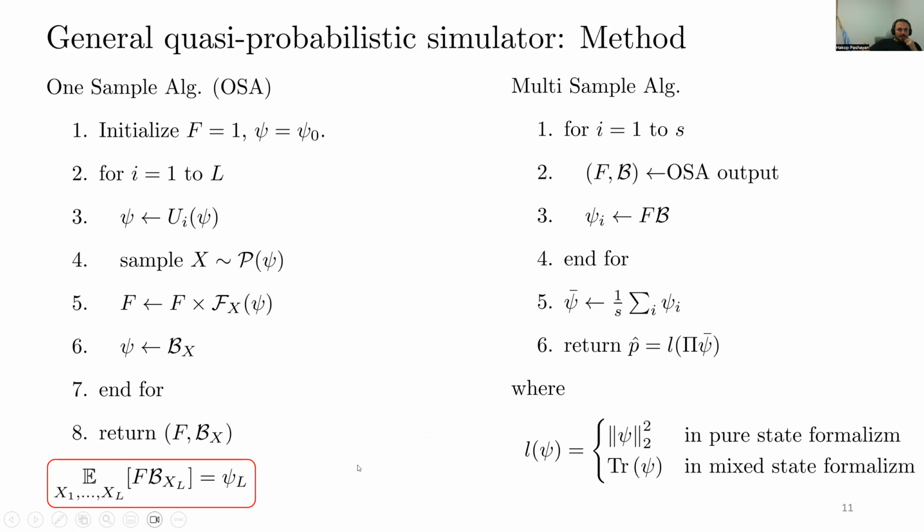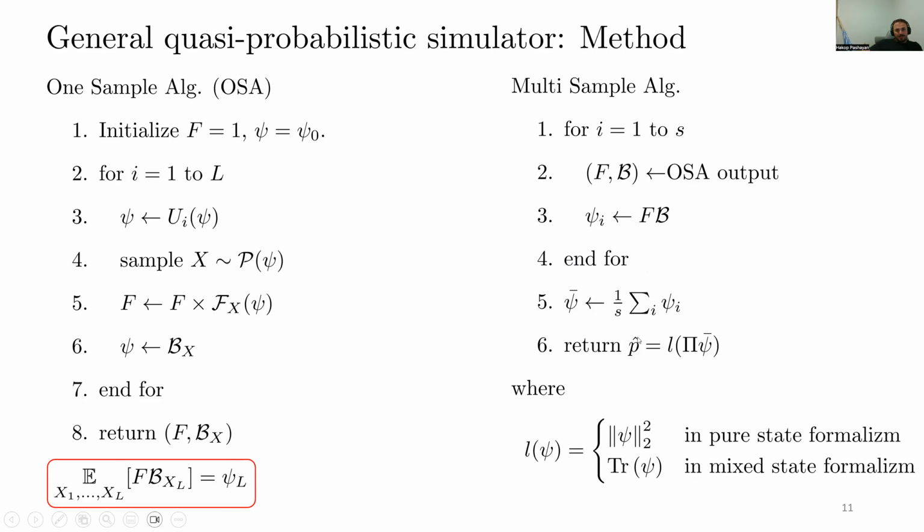Okay, that's great. And how do we use this now in our multi-sample algorithm? Basically, we call this S times. So we take S samples. For i equals 1 to S, we call the one sample algorithm, and we get an F and a B, and we multiply them together to get one of these representatives that on expectation is right. After we get all S of them, we average them, and we get this thing psi bar.